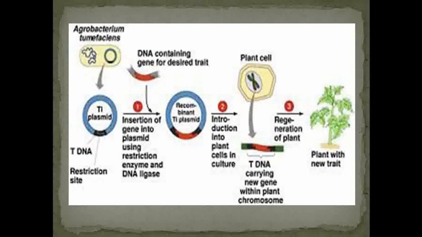After inserting our gene of interest, we transfer that plasmid into the host plant. Whenever the host plant forms some crown gall-like structures, we are able to recognize that our gene of interest has entered and is working properly inside that plant.